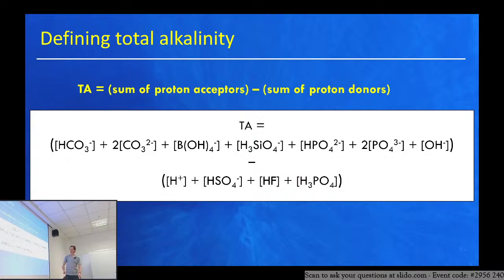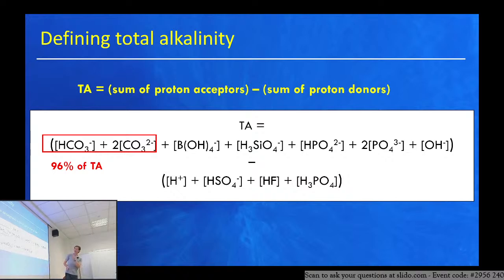Like I say, you don't need to memorize the equation, but it's useful to start to gain an intuitive understanding of what this means. Handily, if we consider just the bicarbonate and carbonate alone, and forget about everything else, we've already captured 96% of all the total alkalinity in seawater.